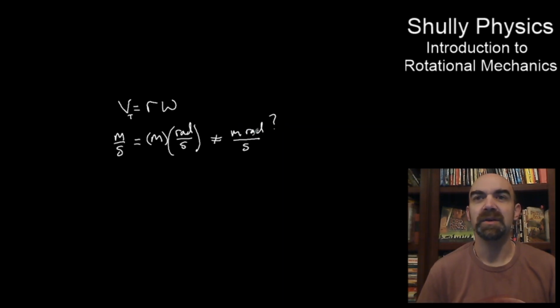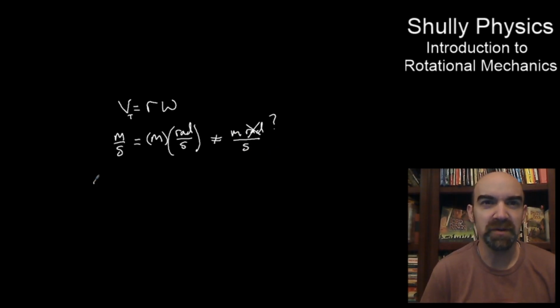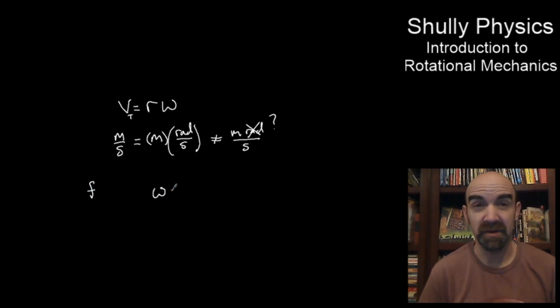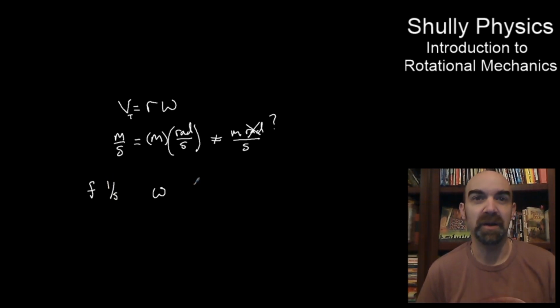Okay, so in effect, what are we doing? We're ignoring this radians. Radians is a count, a number. It doesn't have a physical unit to it. So the difference between frequency and angular frequency or angular velocity is frequency is measured in inverse seconds, a number of rotations or repetitions or revolutions per second.